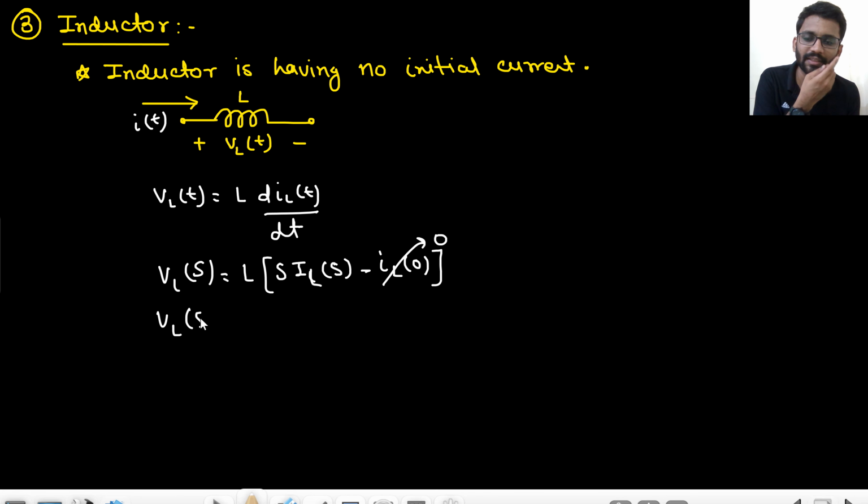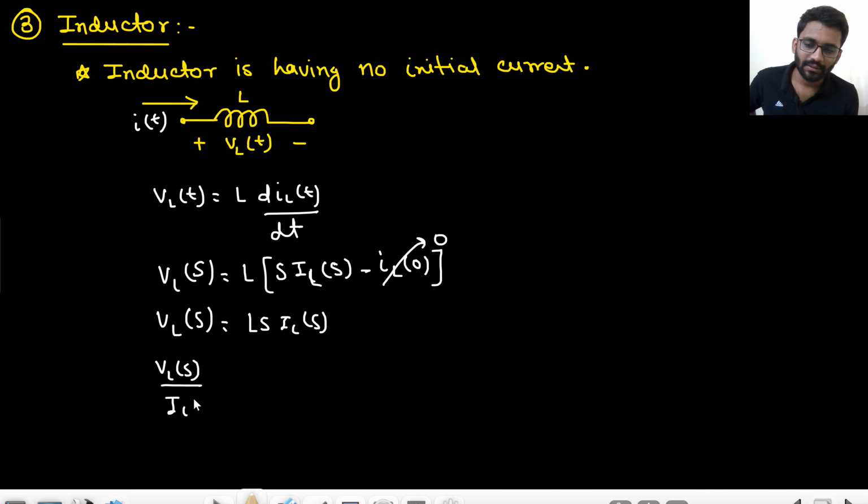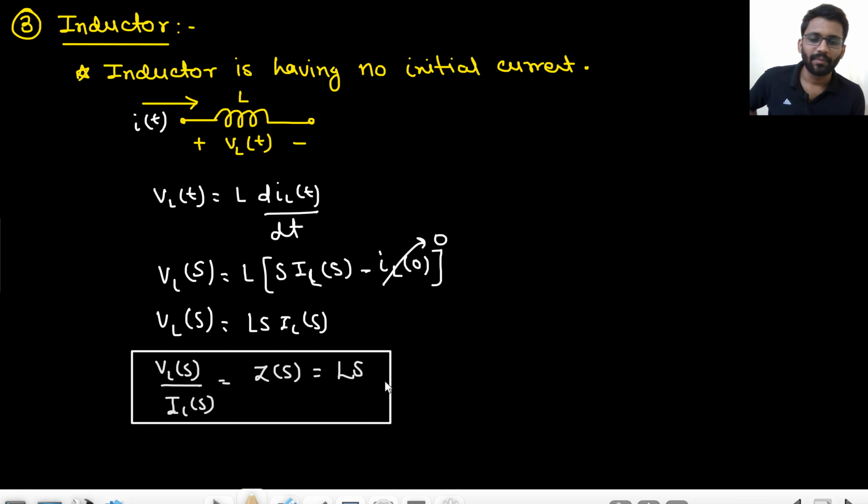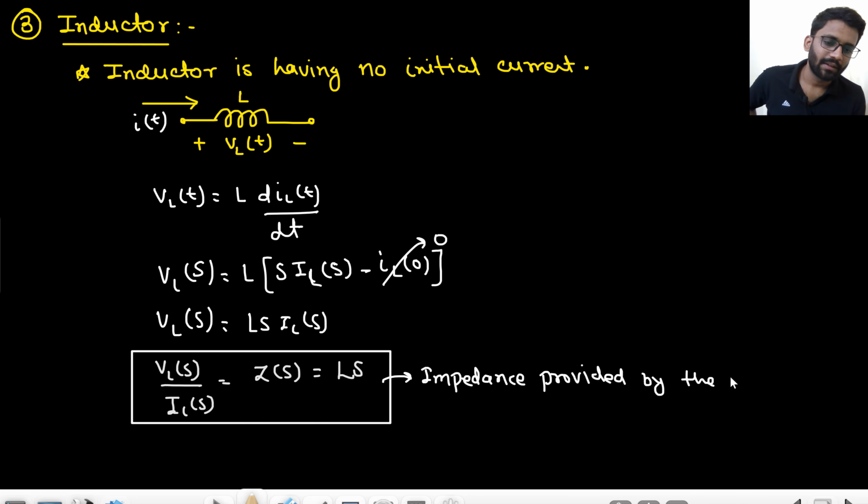So VL(s) is equal to LS IL(s). From here VL(s) by IL(s) is equal to Z(s), that is LS. This is the impedance provided by the inductor in the Laplace domain.